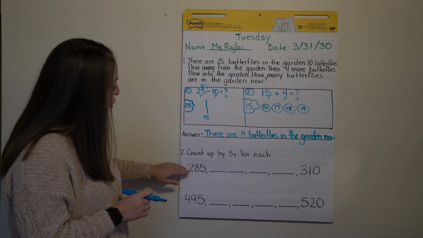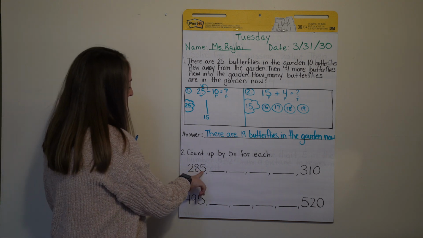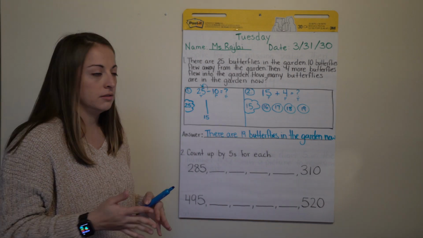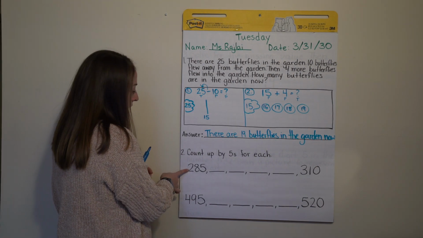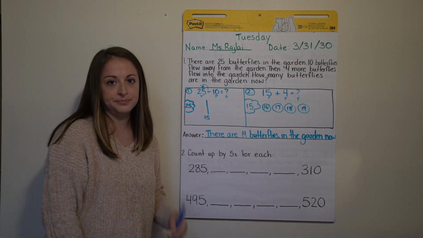The first number is 285. Keep in mind that in the ones place, you will always see the pattern 505050. So take the time to fill in these 4 blank spaces now.